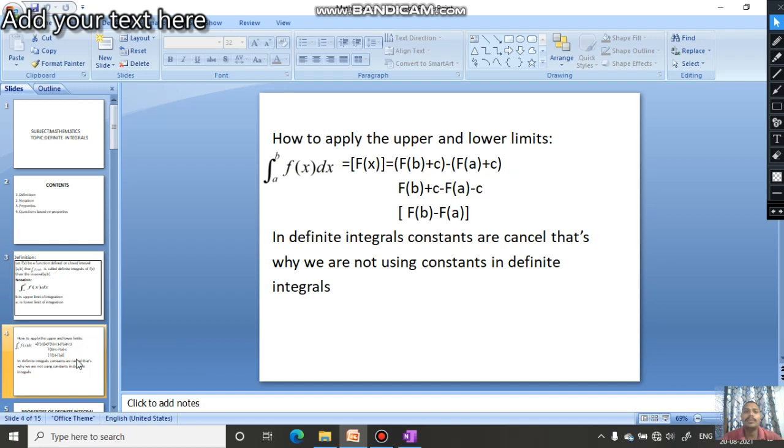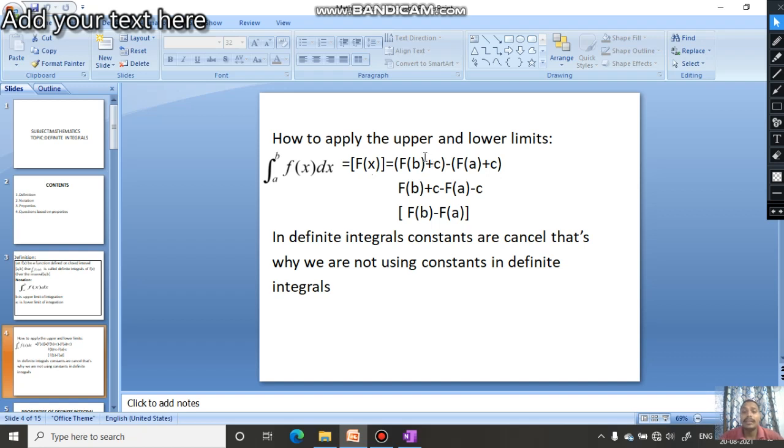The first property is how to apply the upper and lower limit on the definite integrals. A to B f of x dx is equal to, let's suppose capital F of x, we simply apply the upper limit first, then with the negative sign, we apply the lower limit.